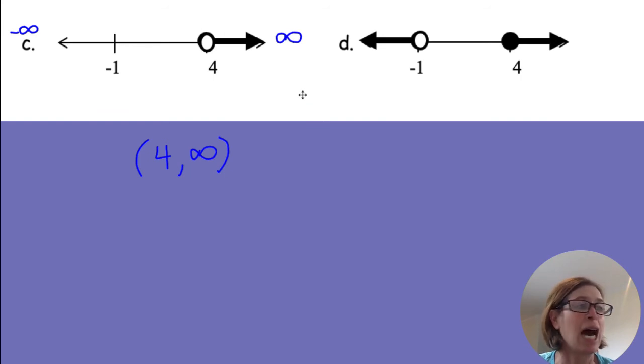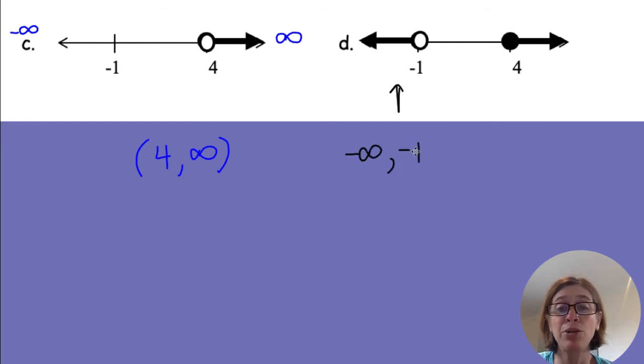All right, this one's a little bit trickier, okay? So this, I want all the numbers less than -1 and/or greater than 4. I have to deal with this part first. I'm going to do -infinity all the way to -1. Now we want to write interval notation reading from left to right. So -infinity is on the left, so we're going to put -infinity on the left of our interval notation, and a parentheses.